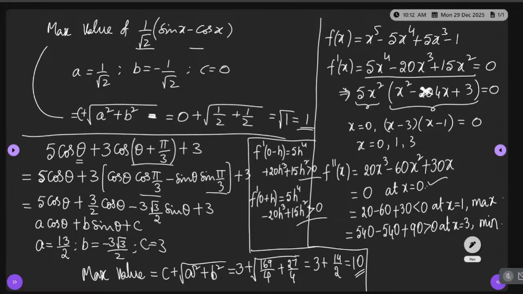Both are having positive value. Have you got it now? One maxima and one minima.